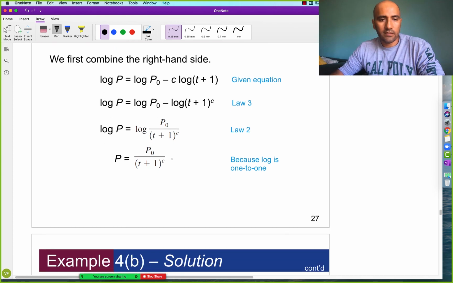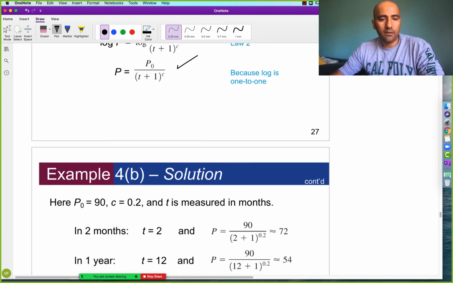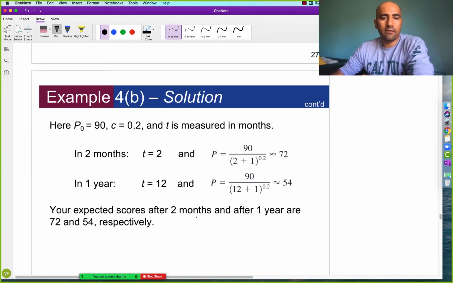Let's just see what the answer is over here. Okay, so they got the same result as I did for solving for p. Now when you plug it in, you get these. After 2 months, t equals 2, that's 90 over 2 plus 1 raised to the power of 0.2. So after 2 months, you would expect that your score should be around 72. And after 1 year, your score should be somewhere around 54.